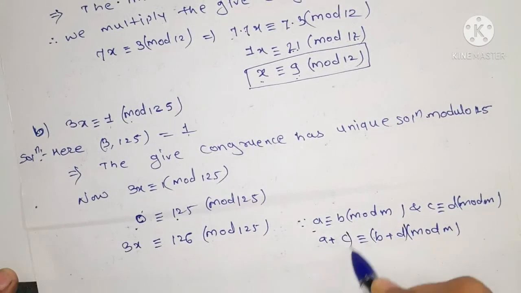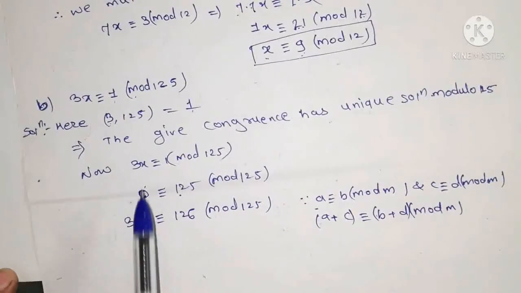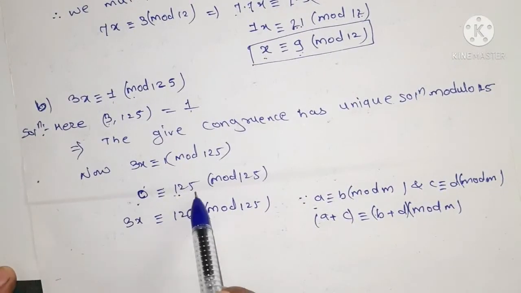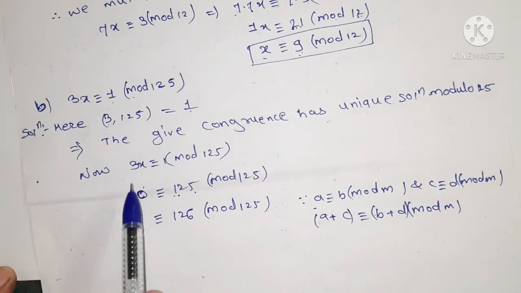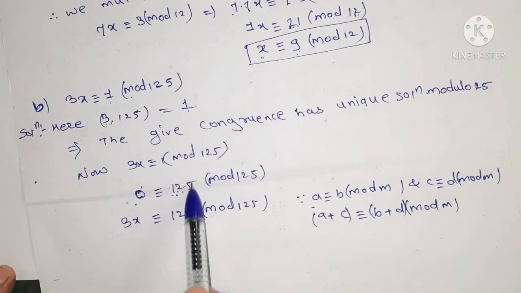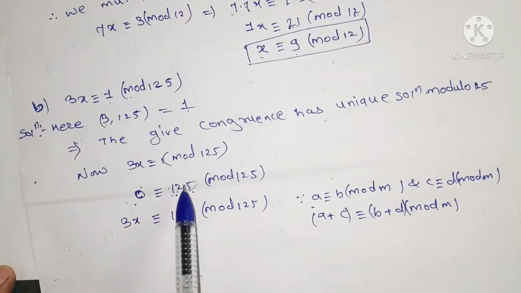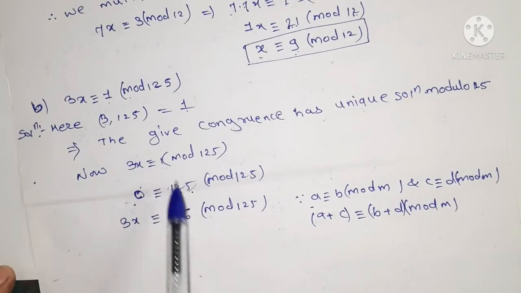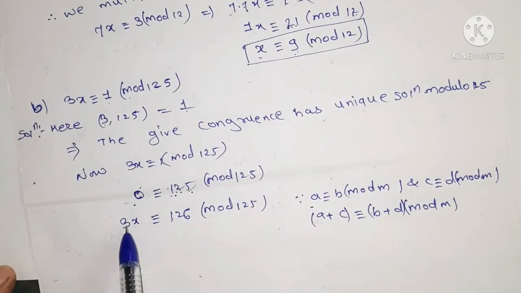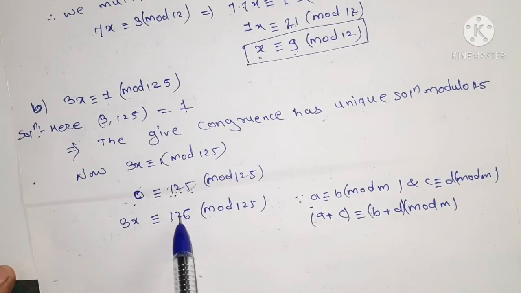Because 125 is not divisible by 3, we add 125 to 1 so that it becomes 126, and 126 is divisible by 3 because 6 plus 2 is 8, 8 plus 1 is 9.